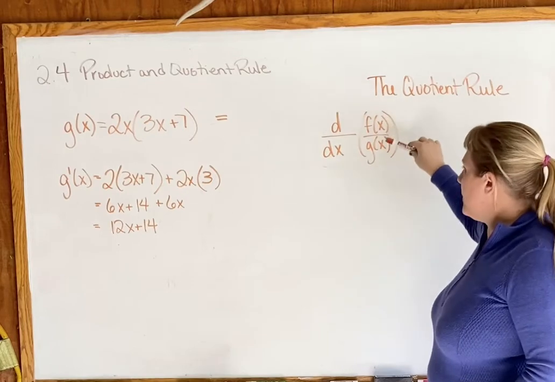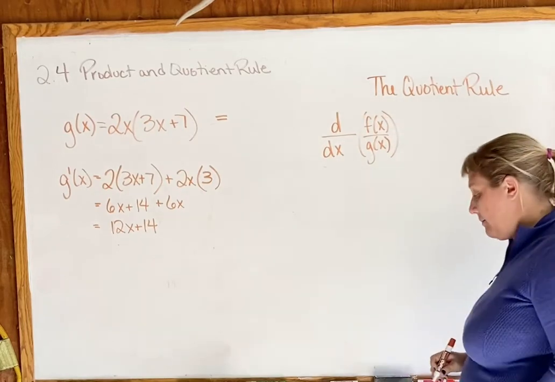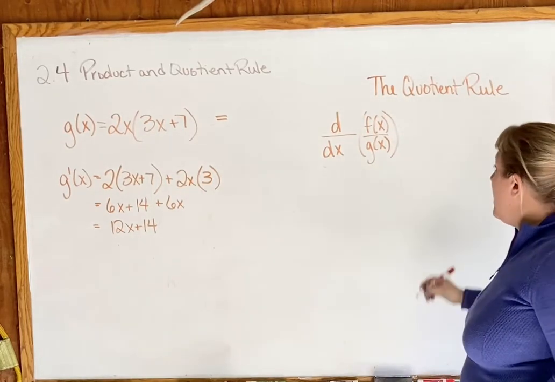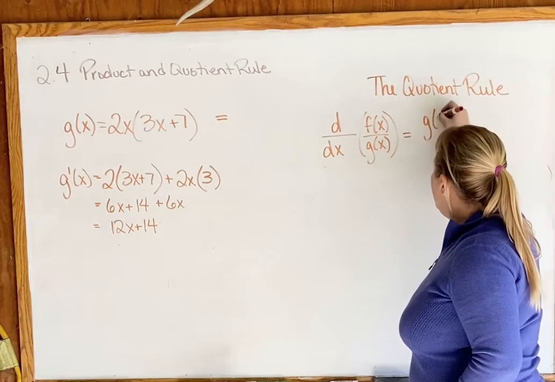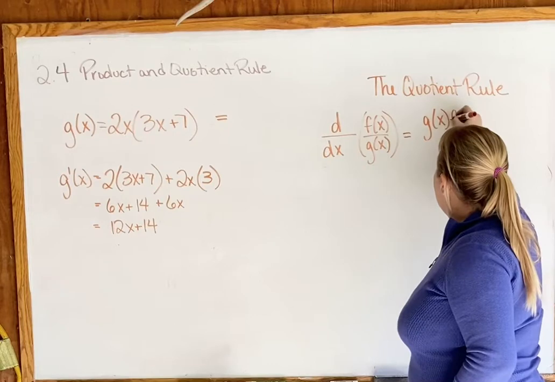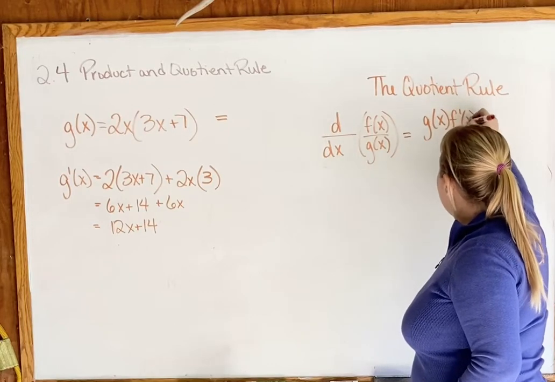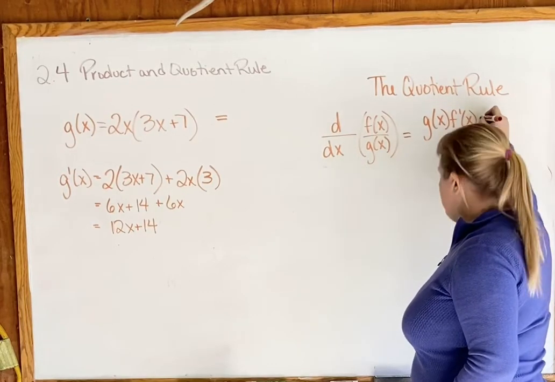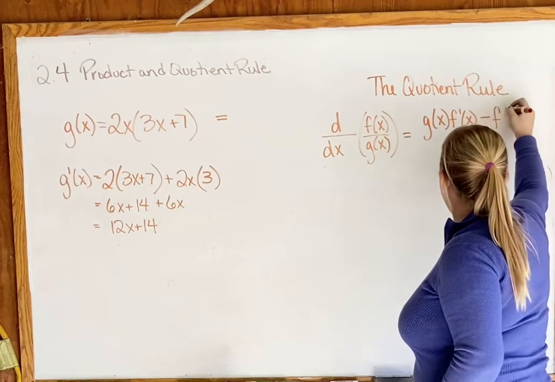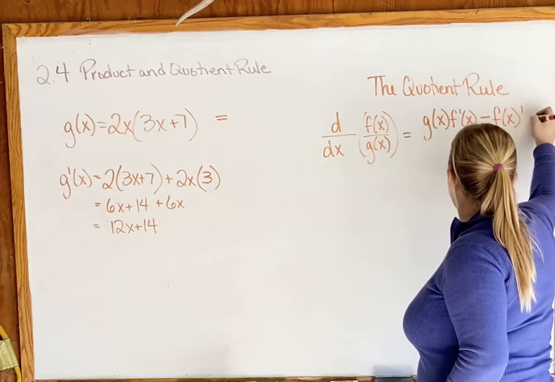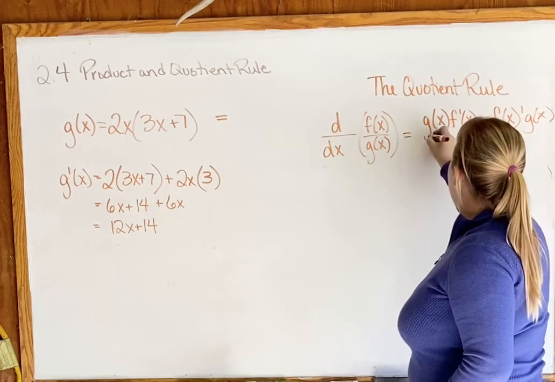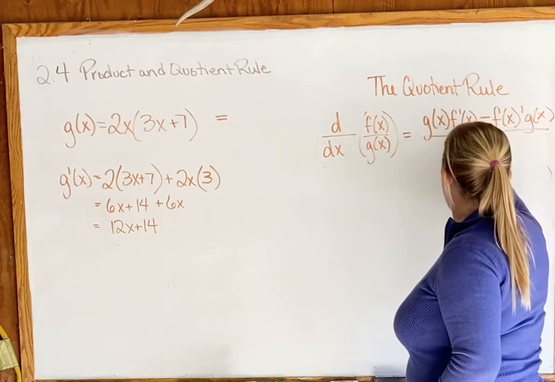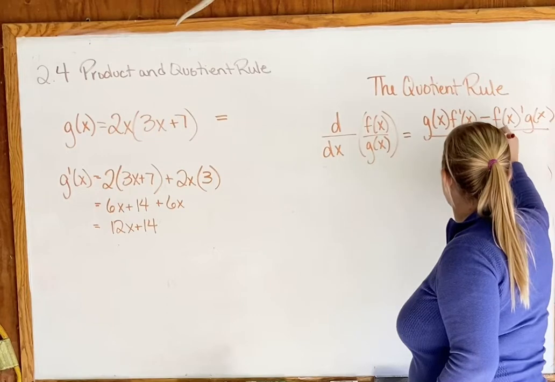You don't just take the derivative of the top and take the derivative of the bottom. We've got to do something special here. So this is how this works. We start by taking g of x times the derivative of f of x minus f of x times the derivative of g of x. And then we divide the whole entire thing by g of x squared.